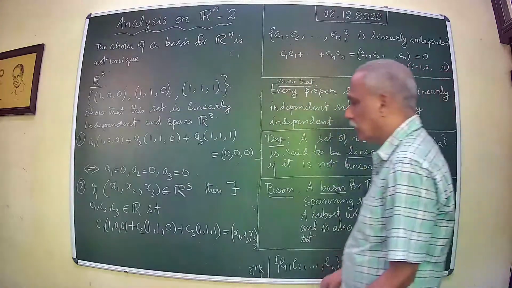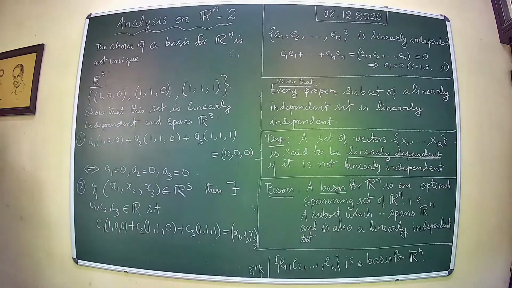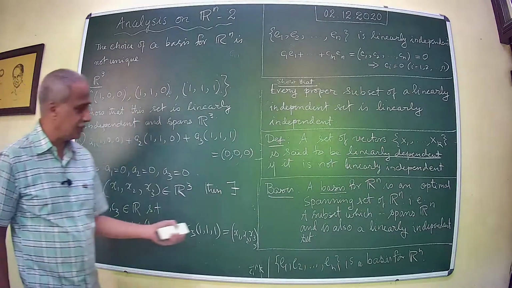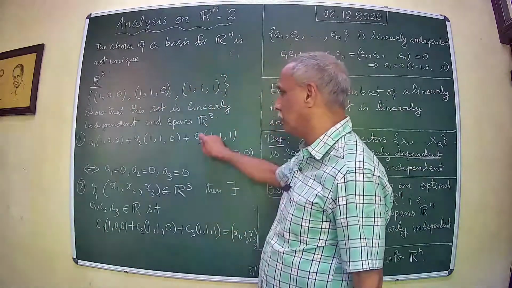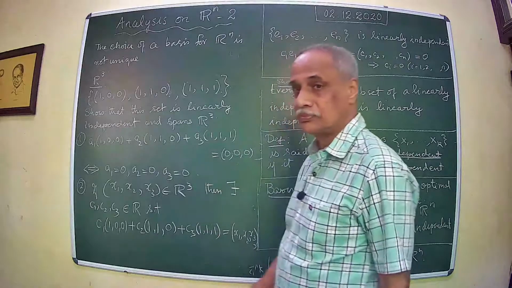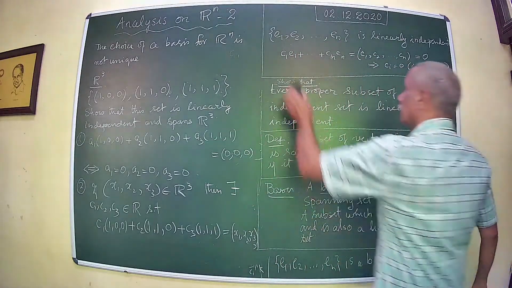That's quite simple. You have three equations and you can solve them and determine c1, c2, c3 in terms of x1, x2, x3. Okay, so verify these two. That will give you an insight into the working.